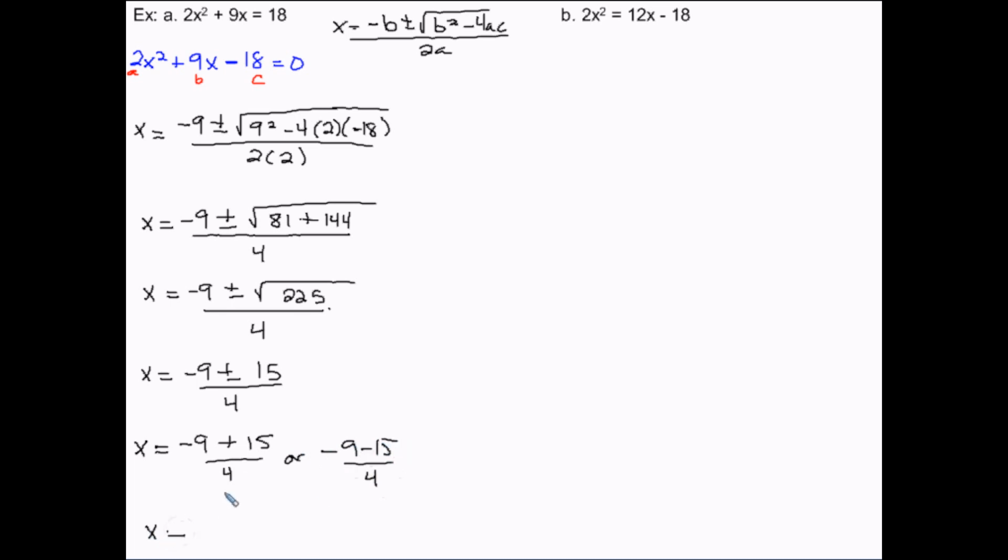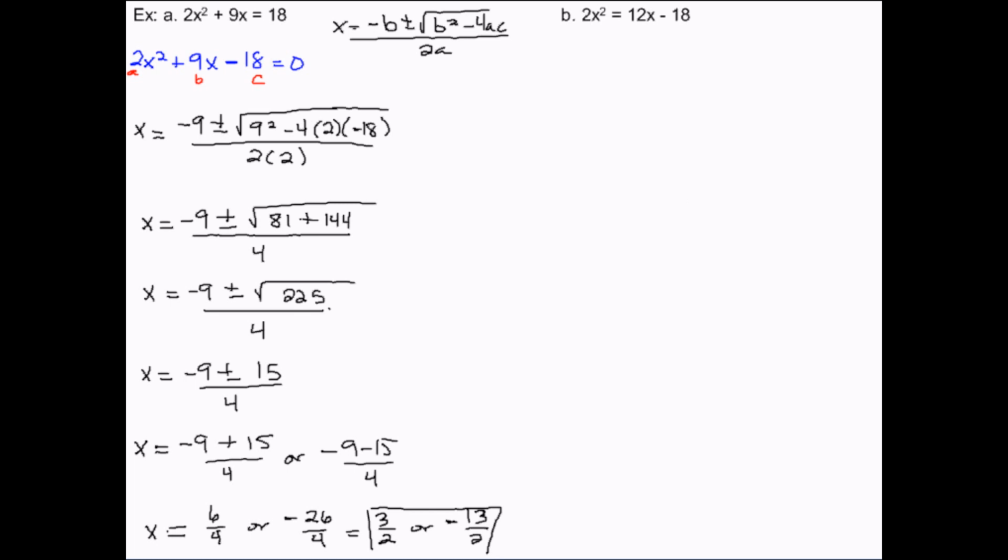So x is equal to negative 9 plus 15 is 6. And negative 9 minus 15 is negative 24. So that is going to reduce to 3 halves and negative 13 halves. So those are my two answers.